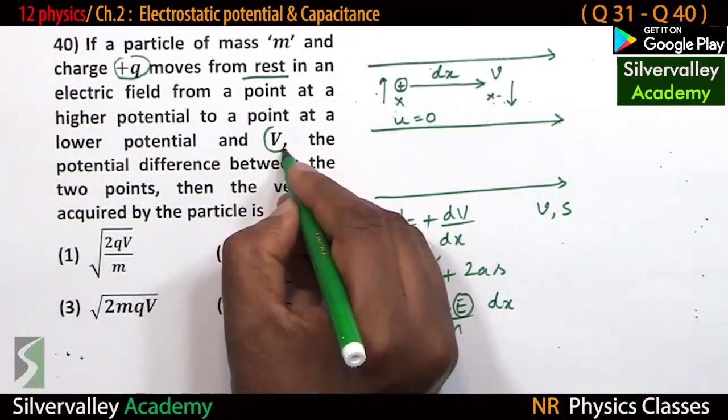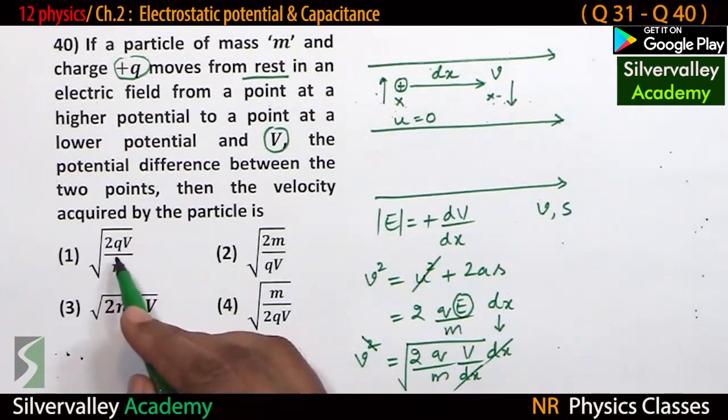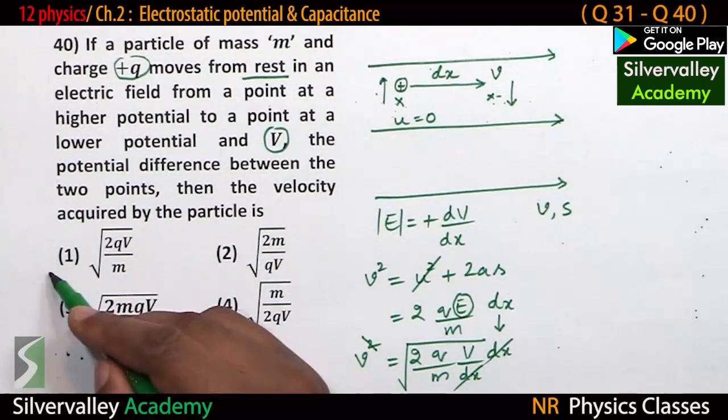The potential difference is v, therefore v by displacement dx. This dx is this and E is v by dx, so the displacement gets cancelled. Velocity square equals 2qv by m. So velocity equals root of 2qv by m.